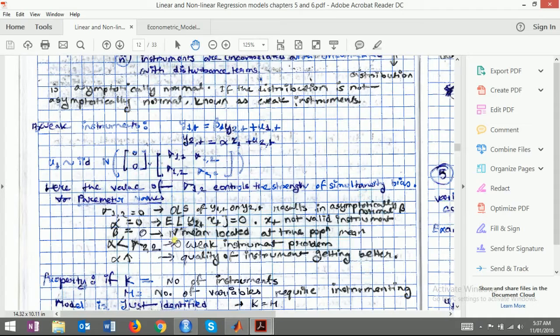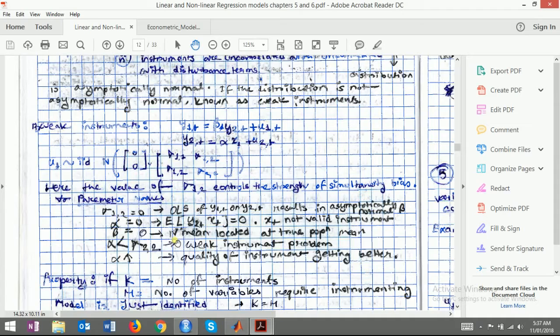In that case, xt is not a valid instrument, because xt must be correlated with the variable y2t. So obviously if alpha becomes 0, then xt is not a valid instrument. Beta equals 0 is more desirable, meaning the mean of the estimator is located at the true population mean.